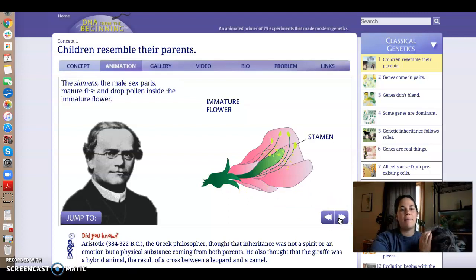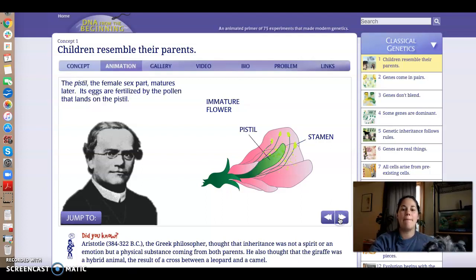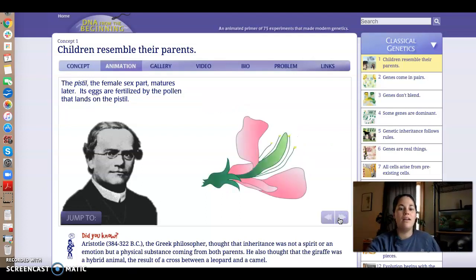So the stamen is the male sex part that matures first, and it drops pollen inside the immature flower. And the pistil is the female sex part that matures later. Its eggs are fertilized by the pollen that lands on the pistil. So we can see all of those parts here on this mature flower.